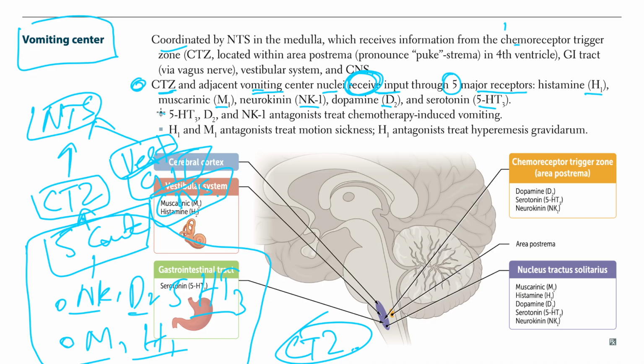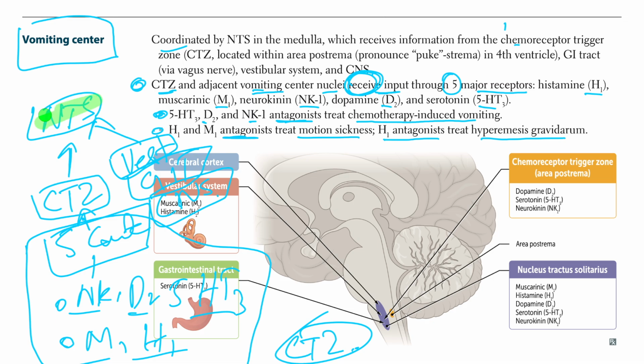The 5-HT3, D2, and NK1 antagonists treat chemotherapy-induced vomiting, and H1 antagonists treat motion sickness. H1 antagonists treat hyperemesis gravidarum.